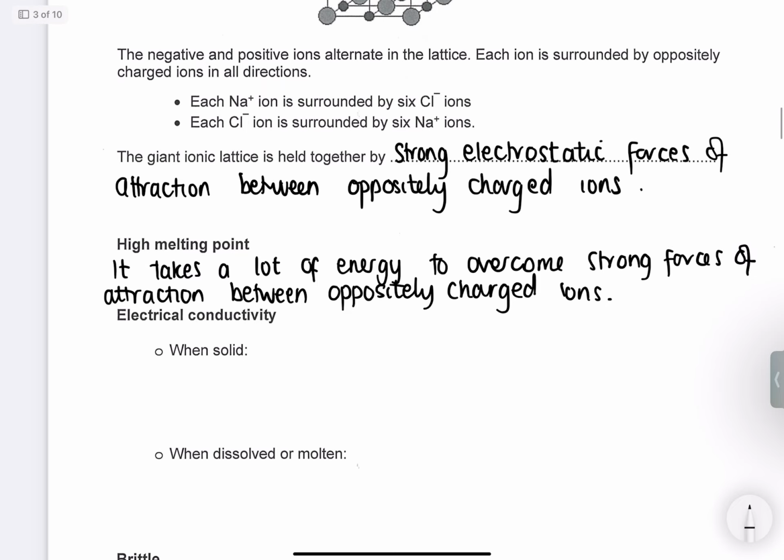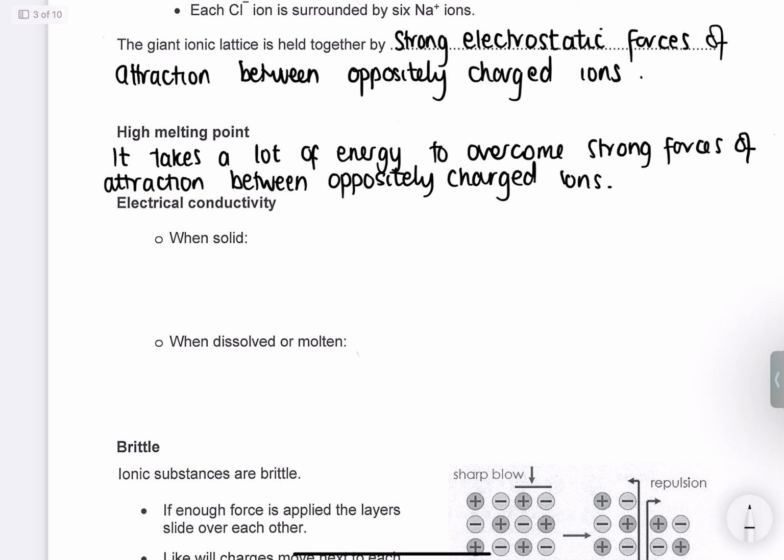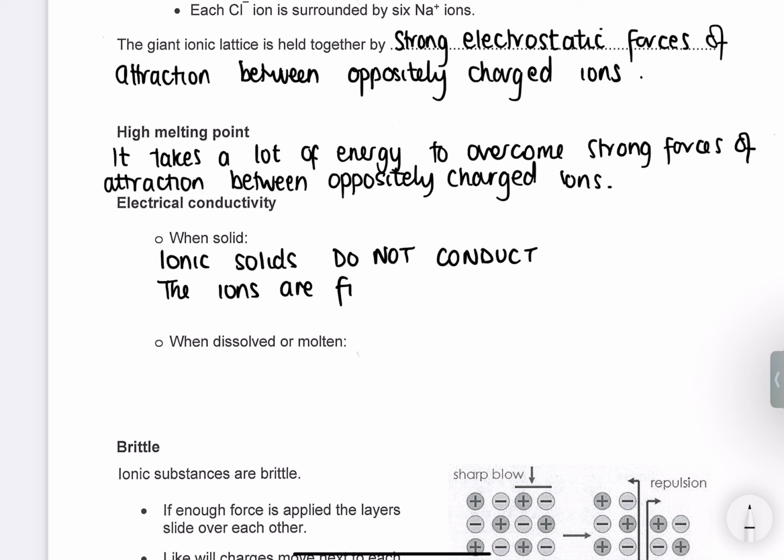Why then do they conduct, or when do they conduct? So do they conduct when they're solid? No. Ionic solids do not conduct. Why not? The ions are fixed in position in the lattice.